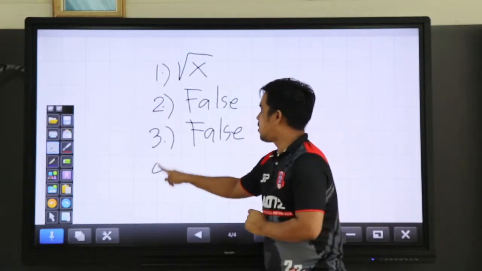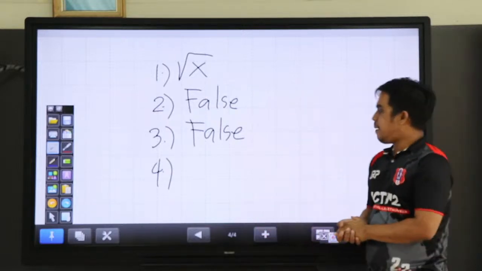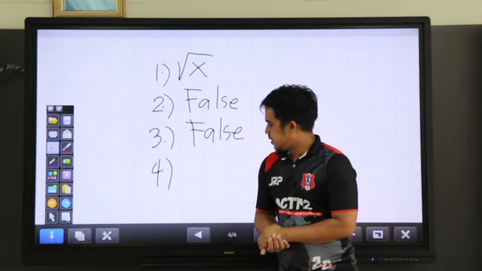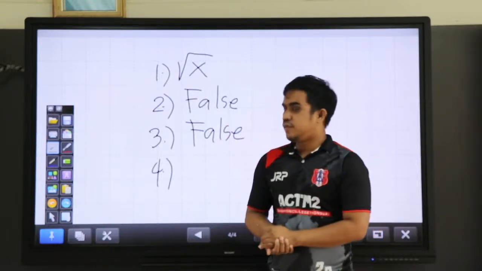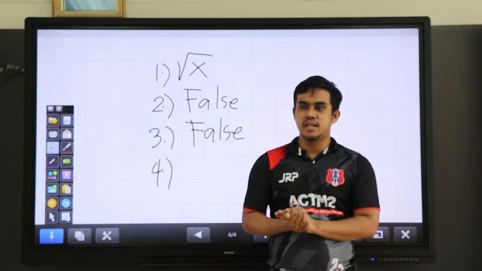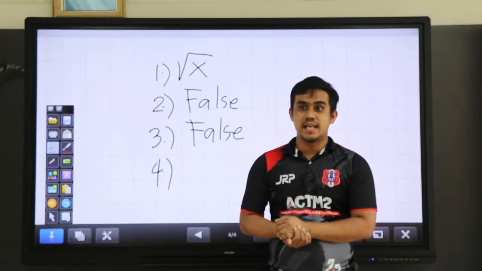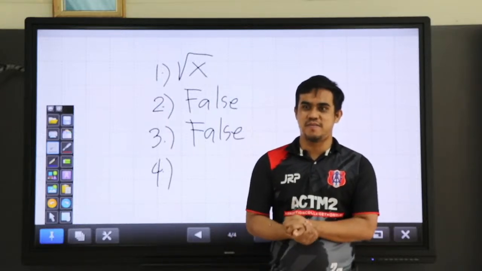Okay, number 4. What would you multiply square root of 3x by so that it becomes a rational number? Very easy.